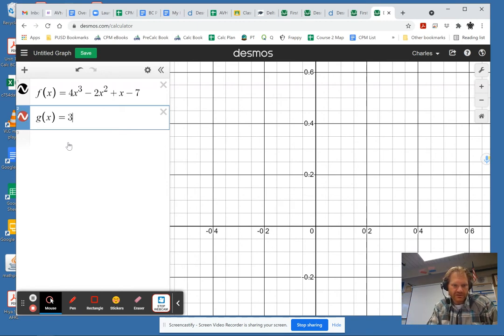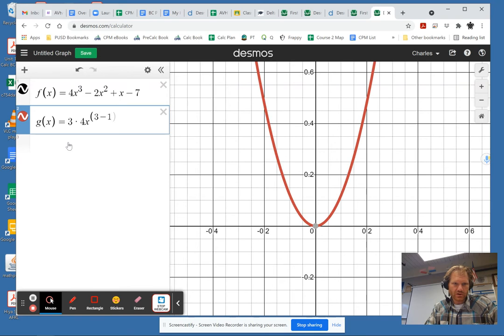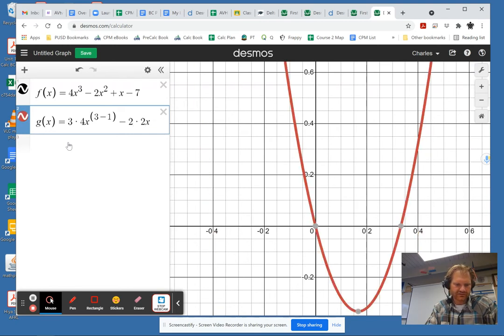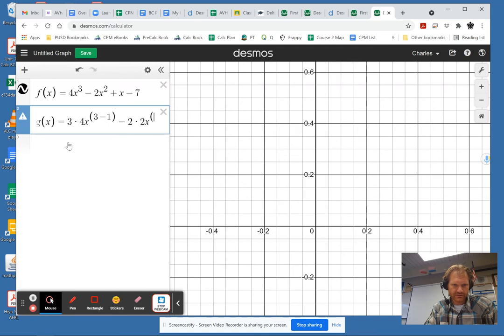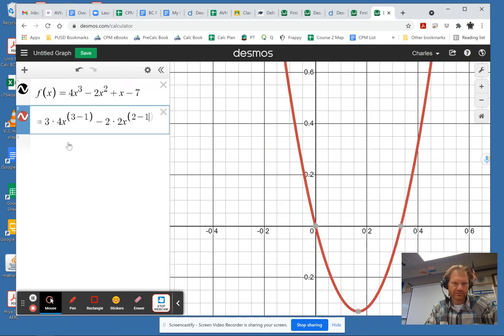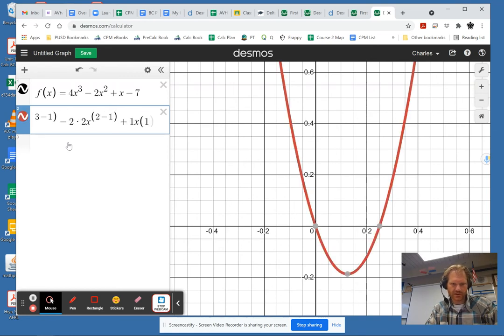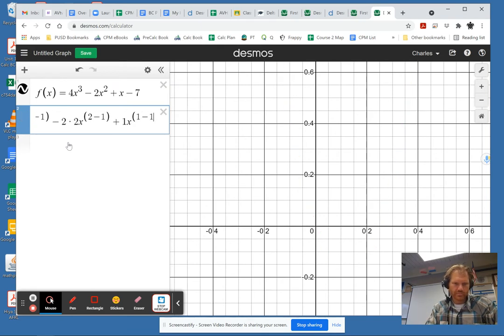power down. This is going to be 3 times 4x to the 3 minus 1, minus 2 times 2x to the 2 minus 1, plus 1x to the 1 minus 1.